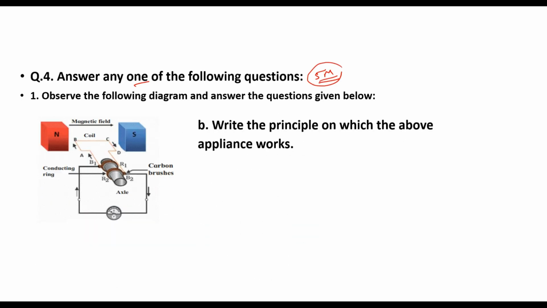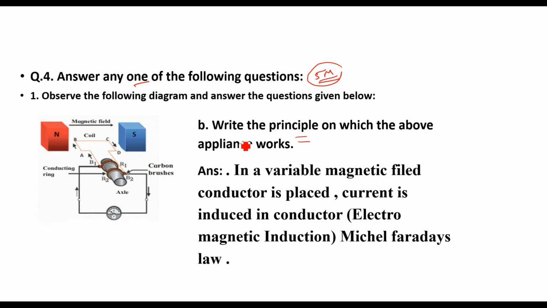The second question asked here is on which principle it works. You have to write the principle: when a conductor is placed in a varying magnetic field, a current is induced in the conductor, which is also called electromagnetic induction. This theory was proposed by Michael Faraday, and is also called Faraday's principle or Faraday's laws.